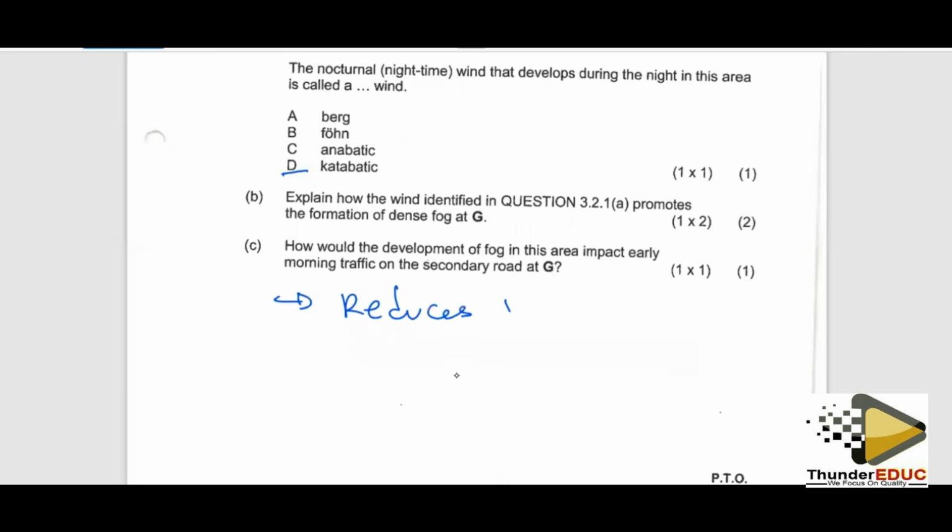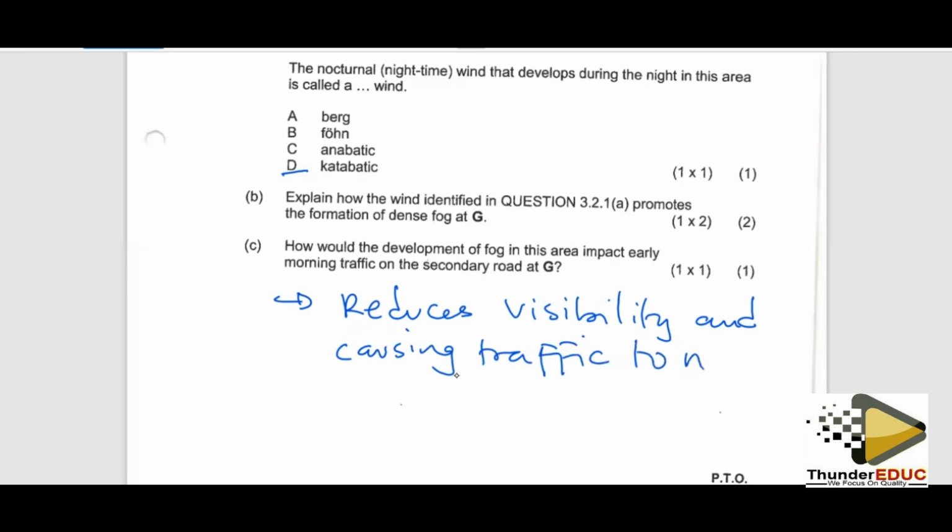When there's too much fog, it reduces visibility, causing traffic to move very slow.